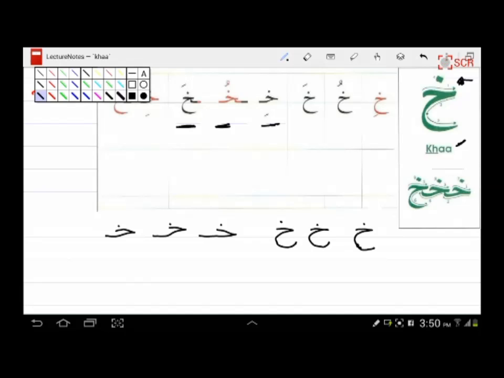Now, the middle. One more time. Just practice hard on the middle one. And then the final. Okay. Now all of them together.